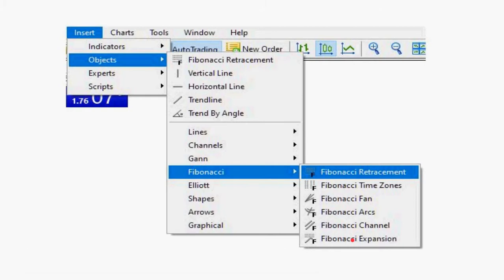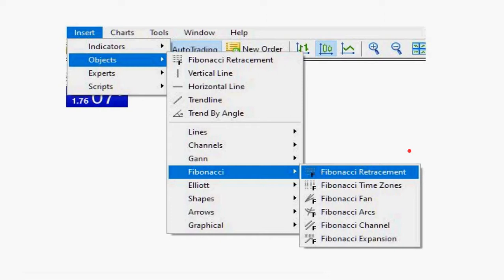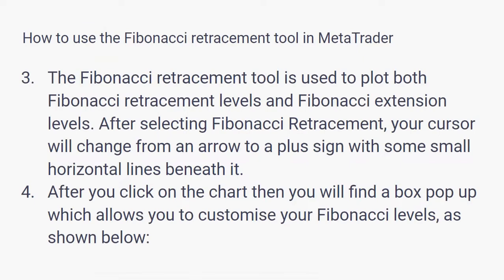The Fibonacci retracement tool is used to plot both Fibonacci retracement levels and Fibonacci extension levels.